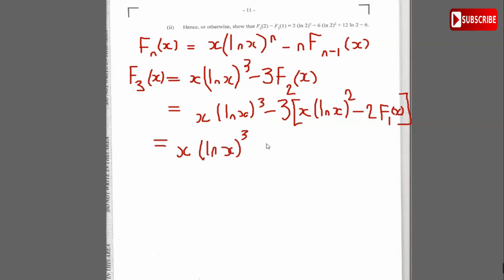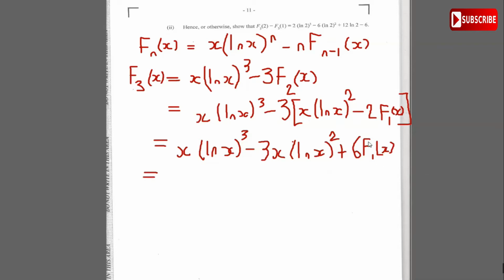Then you expand the minus 3 here, you get minus 3x (ln x)^2, and then minus 3 times minus 2 gives plus, that becomes plus 6 f1(x). So I know the question you're going to ask. We're going to need to find f1(x) again, sir? Yes, we're going to need to find f1(x).